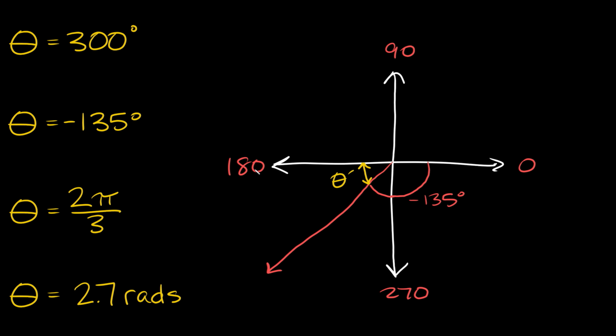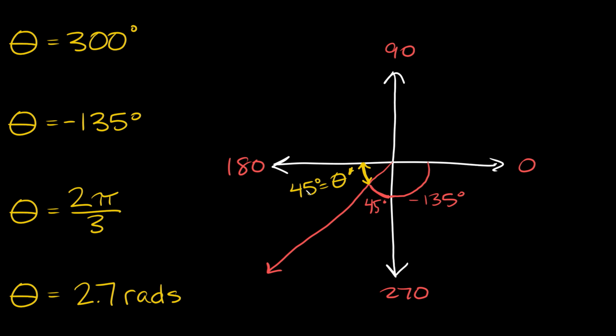To get from 180 to 270 is 90 degrees, so halfway would be 45 degrees. That means this angle right here is 45 degrees, and this angle over here, theta prime, is also 45 degrees.